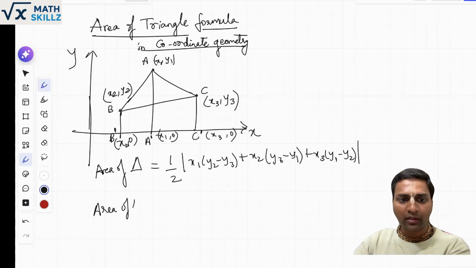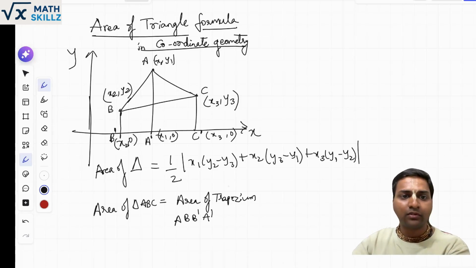To find the area of triangle ABC, first we consider the area of trapezium A B B dash A dash.